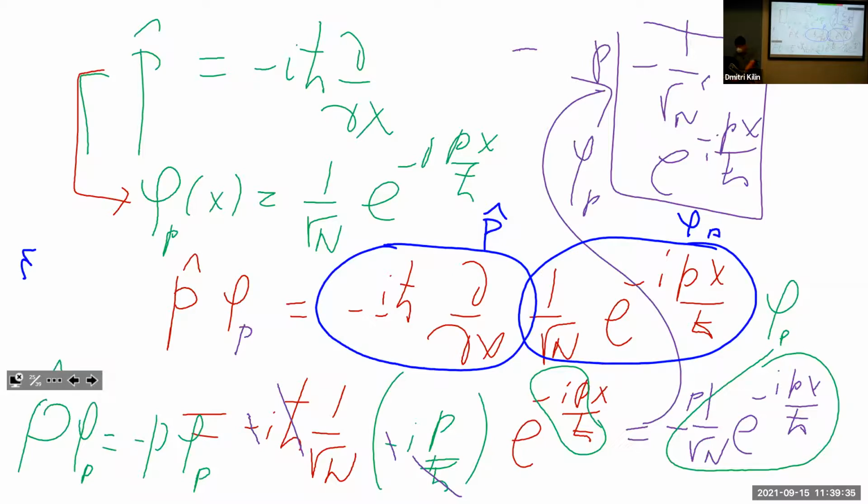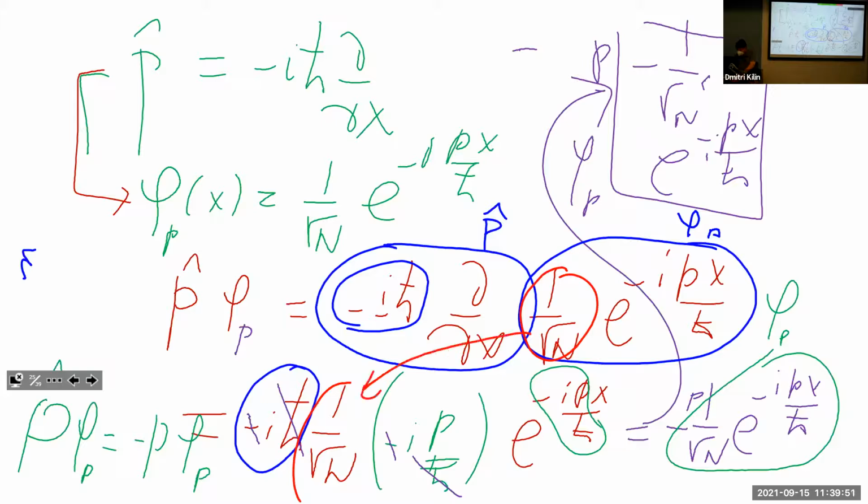And here in the next line, I'm showing the normalization constant stays unchanged, and then we are applying the derivative to this function. So by taking the derivative, one is getting P at the front.